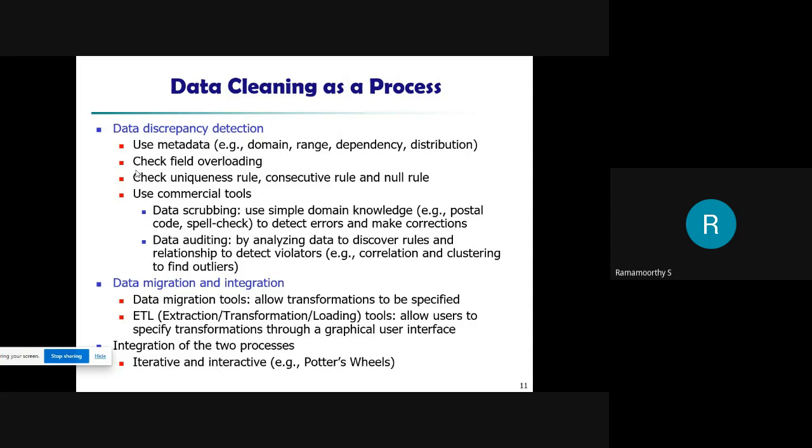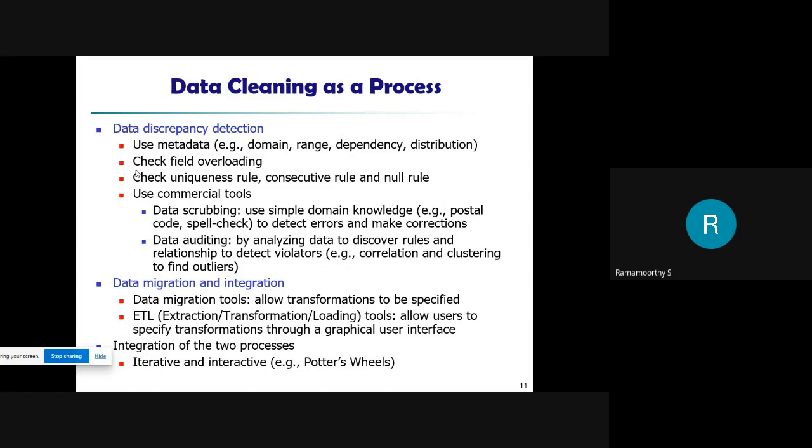So likewise you can verify, right, and check field overloading. In certain cases the data values are going to be overloaded. That also you can check: field overloading, and check the uniqueness rule, the consecutive rule, and the null rule. For example, as I mentioned in the previous class, the primary key must always be unique.